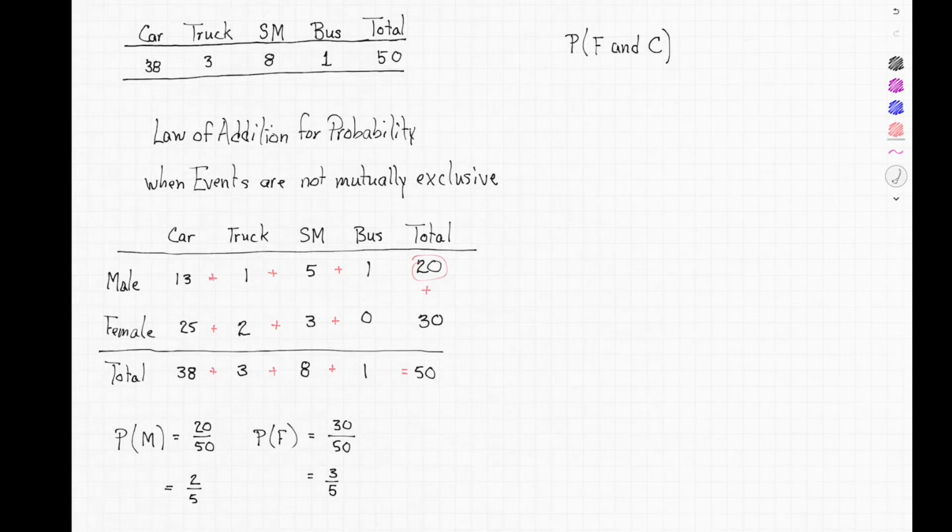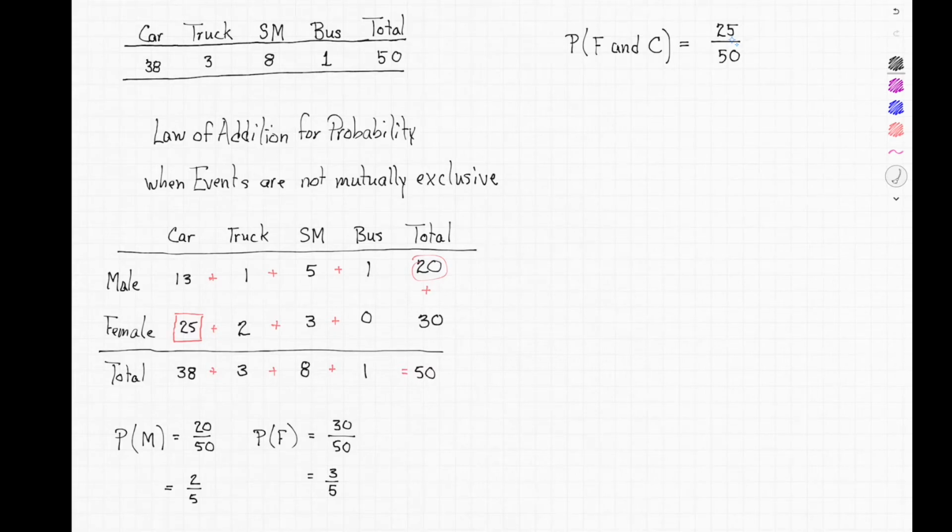So I can only want females that drive a car. So I'm restricted to this 25 down here. So the probability of randomly selecting a student that's female and drives a car is 25 out of 50.